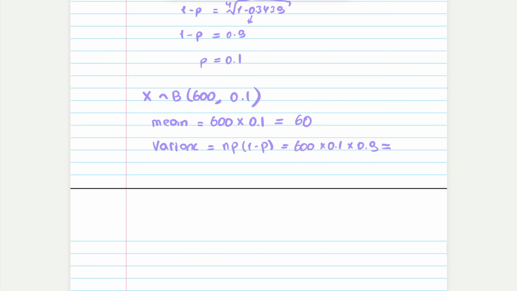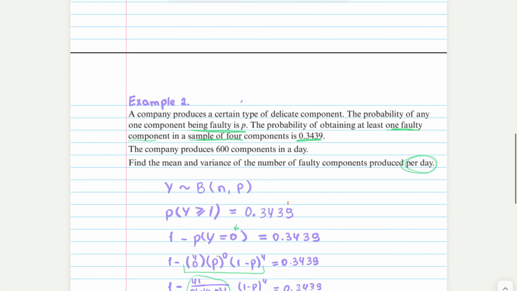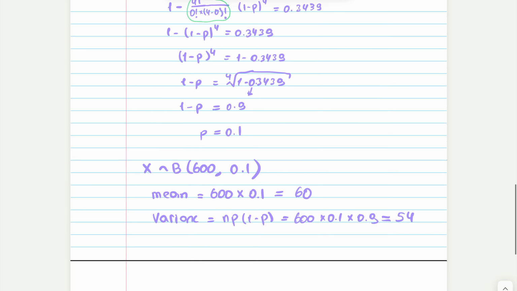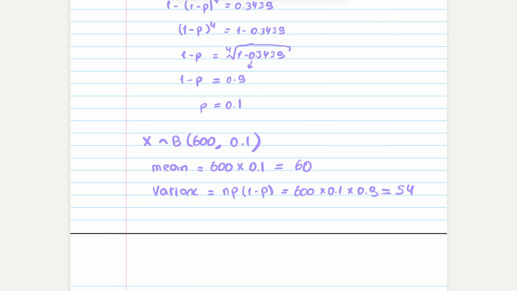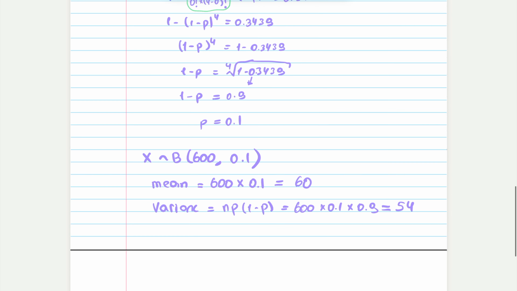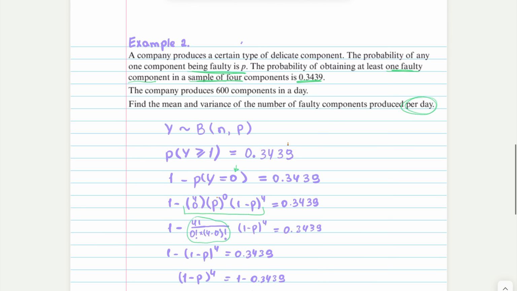That is going to be 54. That's the variance. If they want the standard deviation, we'll take the square root of 54. Alright, so that's the one.